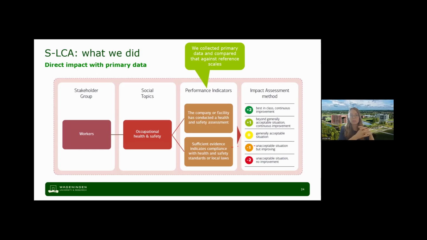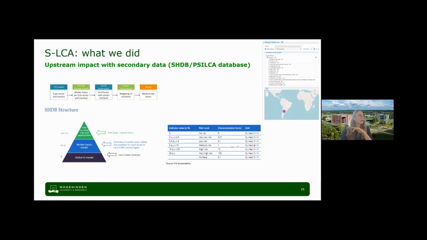So an easy example is the salary. A threshold would be minimum wage, and then you can identify certain levels above that, or if it's really paying below that, then it's a risk, let's say. So that is for the direct impacts, like what we assess with primary data.